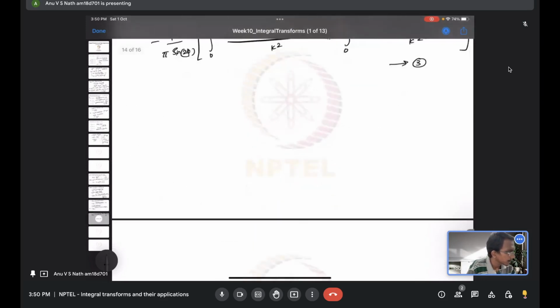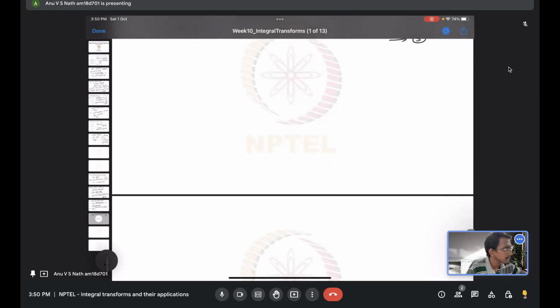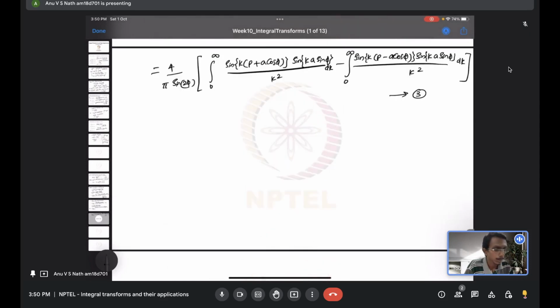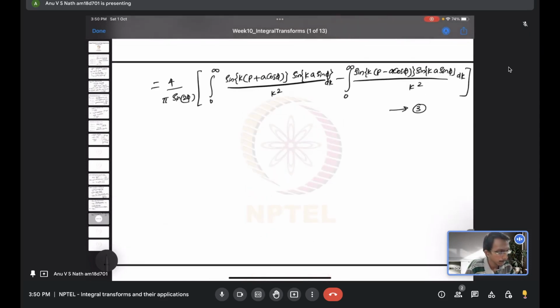Okay, so from here we will use a generalized integral. Basically we want an integral of the form sine of ax and sine of bx by x square dx, 0 to infinity. We can actually find it from the table of integrals.